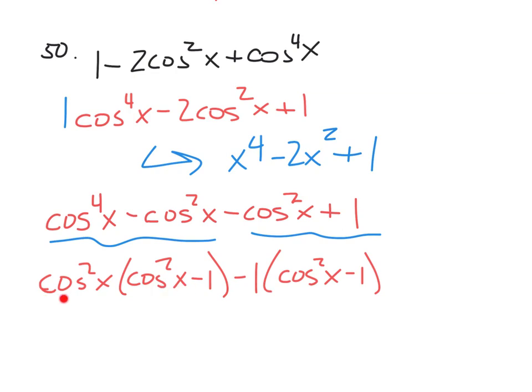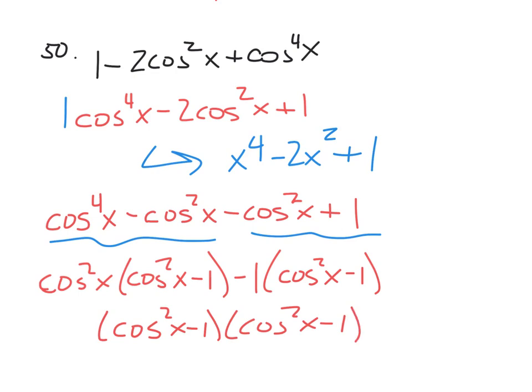And we have this big term and then this big term, and they both have something in common. So I'm going to take that thing that they have in common out front. And then I would have cosine squared of x minus 1 and cosine squared x minus 1.